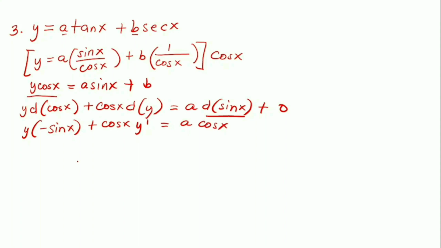Okay? So, arrange the equation. Negative y times sine x plus y prime cosine of x is equals to a cosine of x. Okay? So, this is the first derivative.